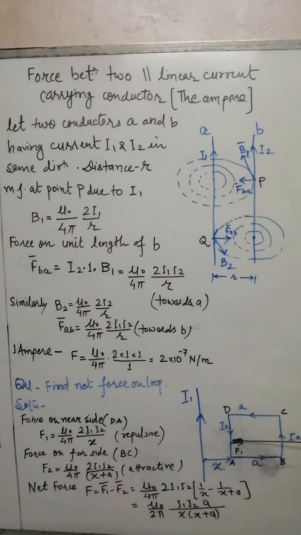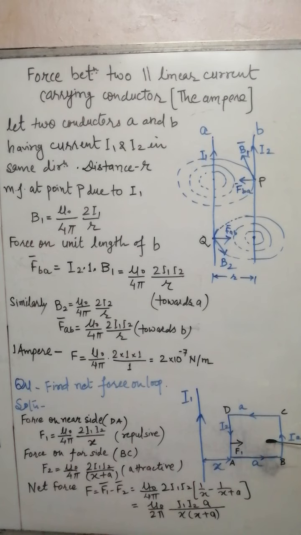And the force on the far side, BC: how much force will be experienced by this wire? F2 will be mu naught by 4 pi 2 I1 I2 by x plus a, since this distance becomes x plus a, and this will be attractive. I forgot to write F2 here.